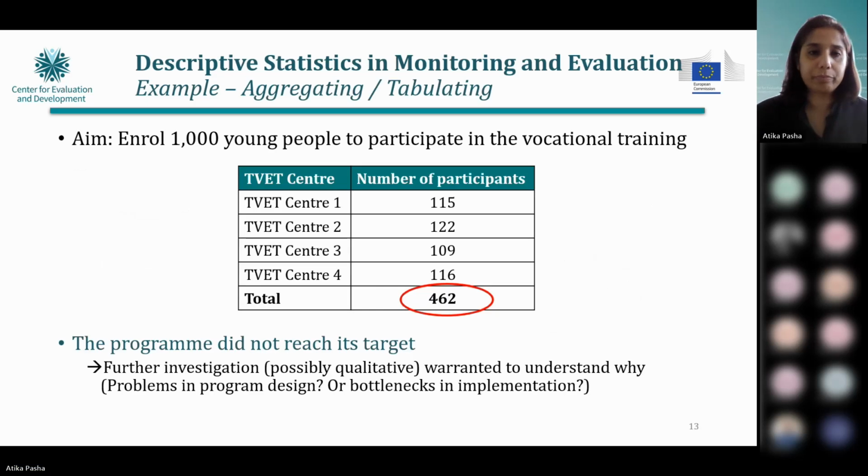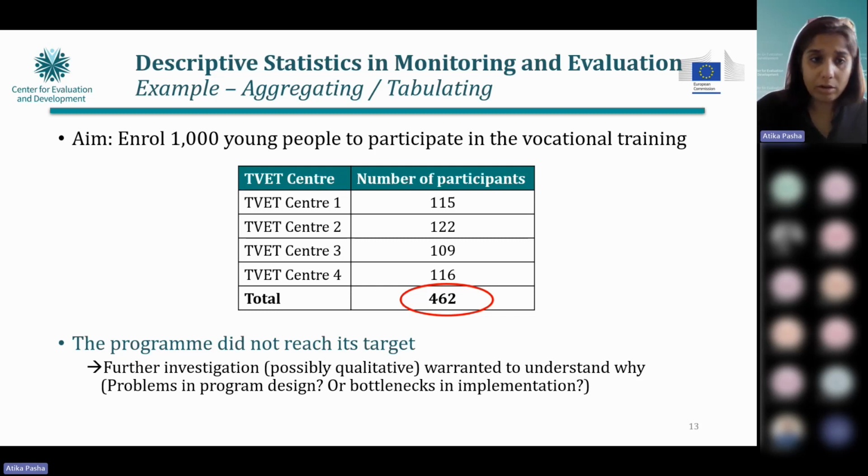What it shows us, unfortunately, is that all 4 centers only had 462 participants. What this implies is the program has not reached its target. In fact, it has not even reached 50% of its target, 50% being at least 500 individuals, and here we are at 462. So the first specific goal has not been met.